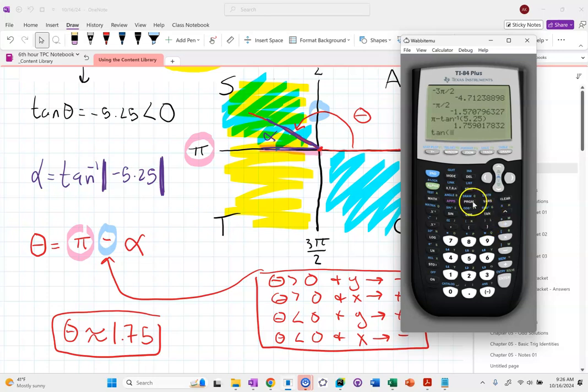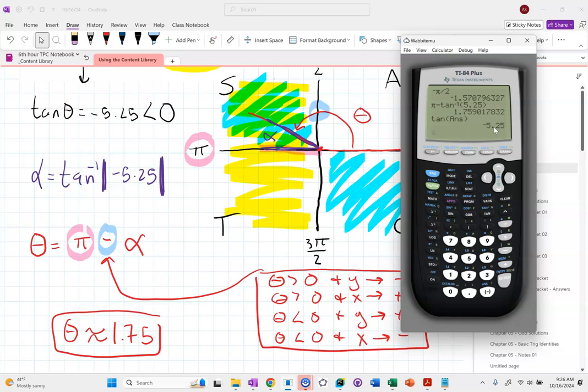So I'll do tangent, and then I can scroll up and grab my answer, or press second and the negative sign to get the ans command, which is calculator shorthand for the last answer it output. If I do that, I get negative 5.25.